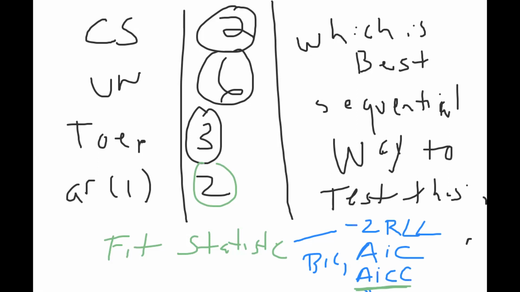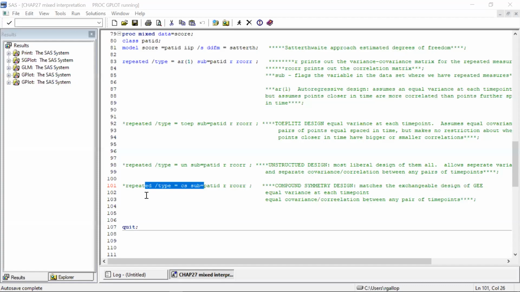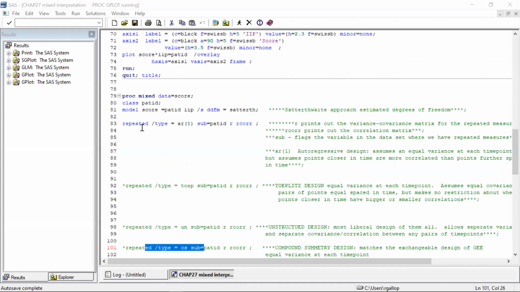So now I'm going to stop the screen share, and then we'll get back to the iPad share, and we'll get back to where we were. What I'm going to do is fit each one of these sequentially.